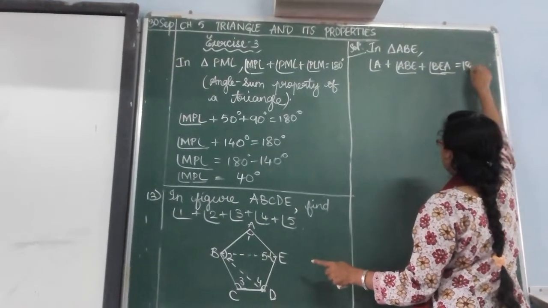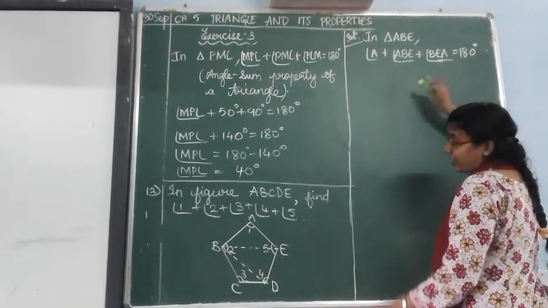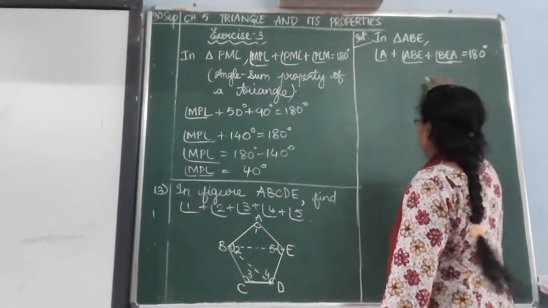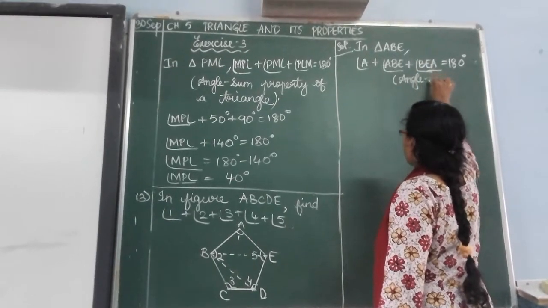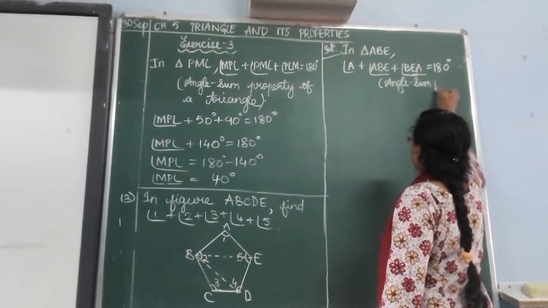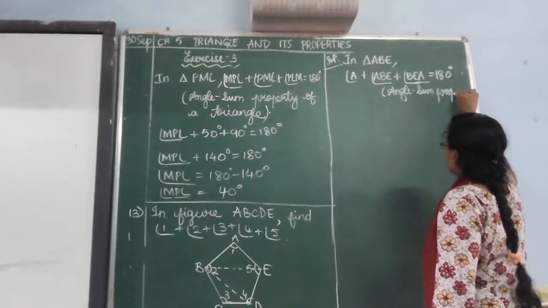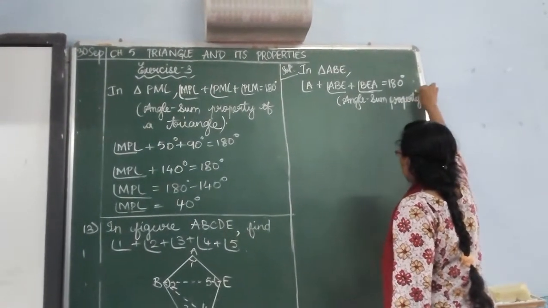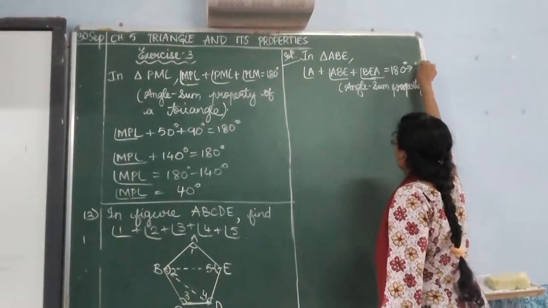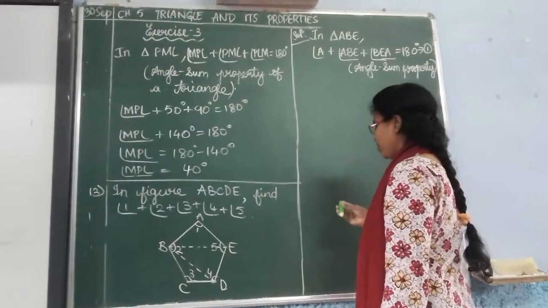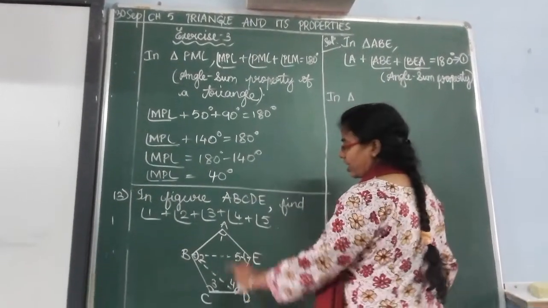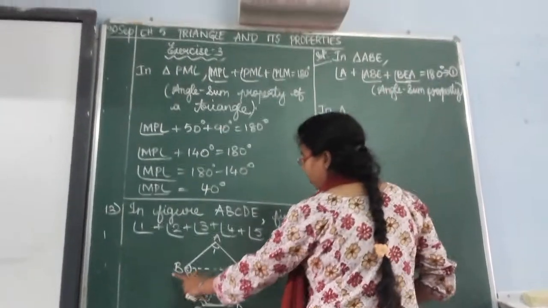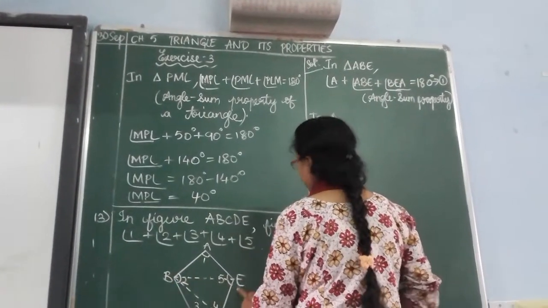Angle BEA is equal to 180 degrees. Why is it 180 degrees? Because of angle sum property. Because it is angle sum property, we can write like this. This I take as equation 1.